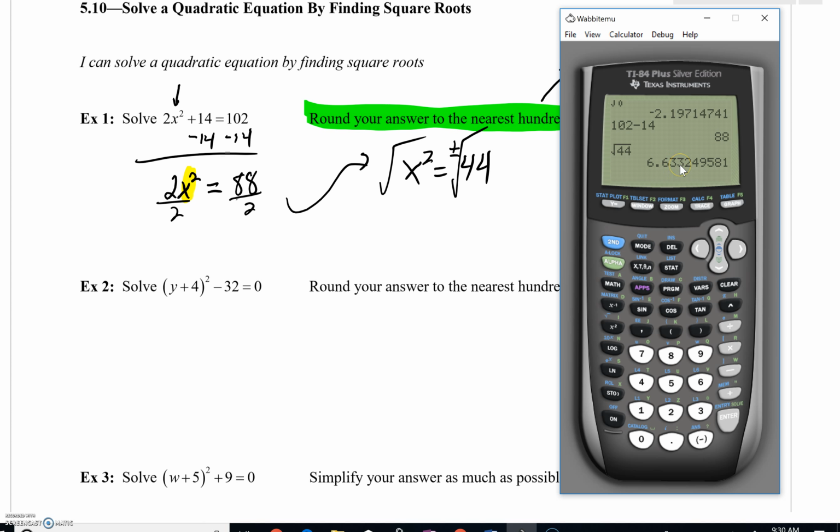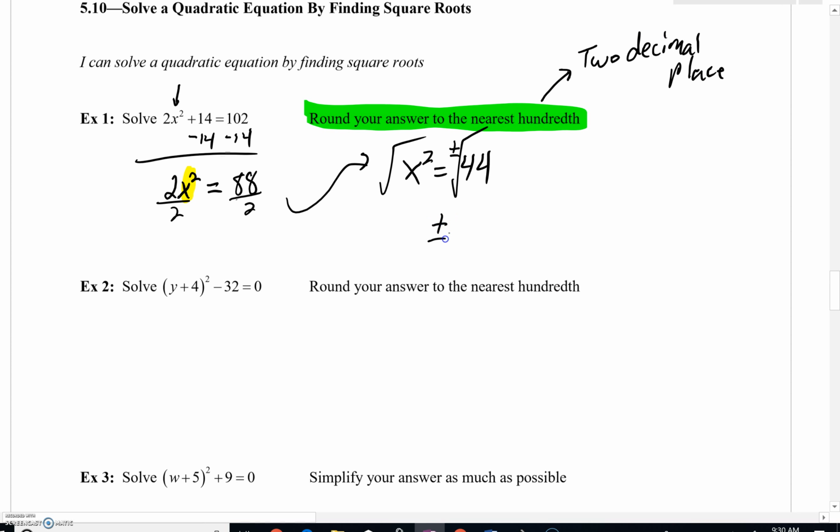You look to the right, and of course that is not big enough to bump it up. You have to have a 5 or larger when you look to the right of your designated stopping point, your 2 decimal places. So it's plus or minus 6.63. In ALEKS, of course, we'd write that as 6.63 comma negative 6.63.